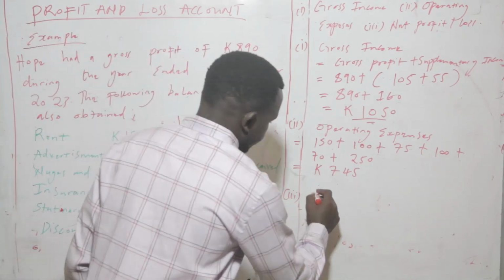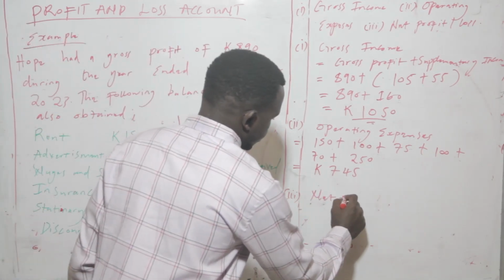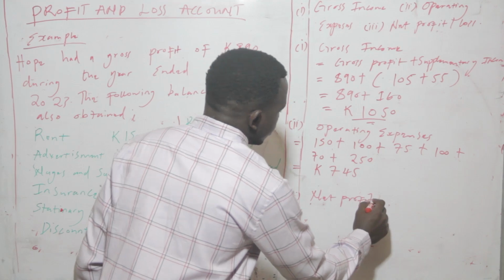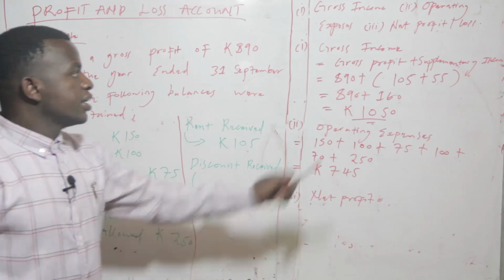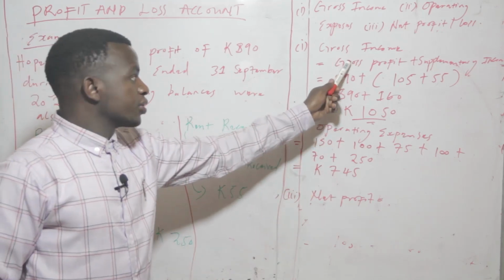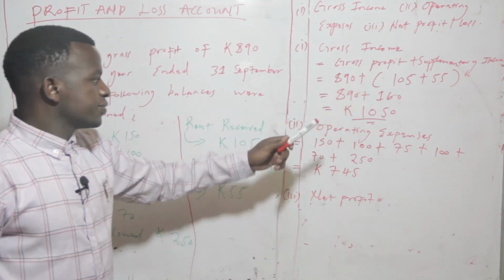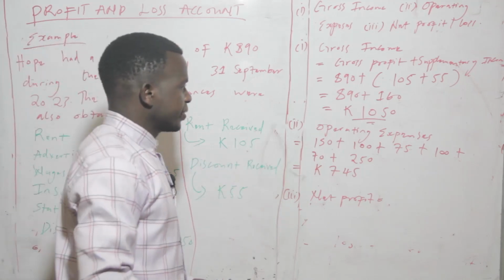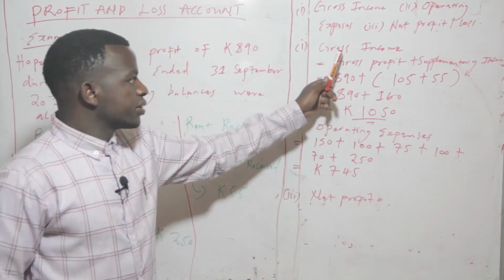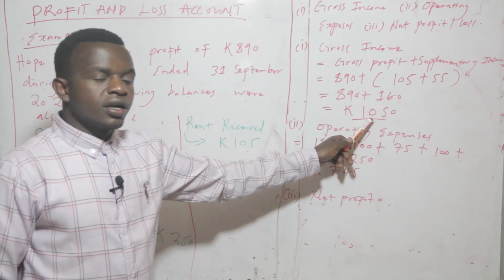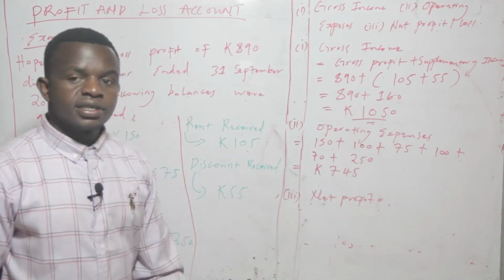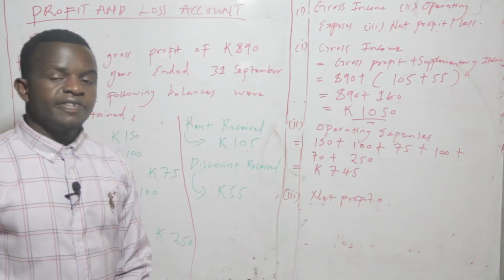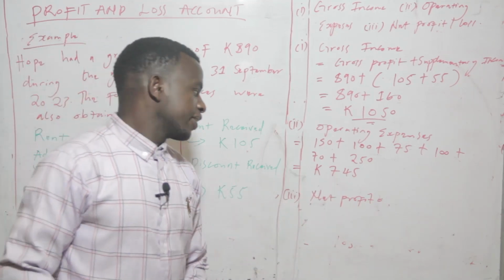Let us look at number 3. We are supposed to calculate the net profit. And we said that the net profit can be calculated when the gross income is greater than operating expenses. Our gross income is 1,050, and this amount is greater than operating expenses, which amount to 745.